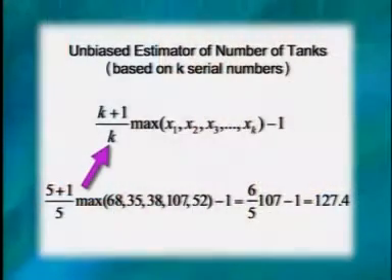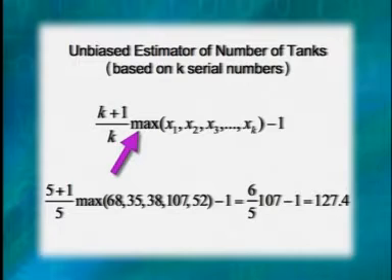So we'll multiply the serial number on the biggest tank we captured, that's the maximum, by a number that's slightly bigger than 1, namely k plus 1 over k, and then subtract 1, because that fits in with the previous example and gives us a good estimate.